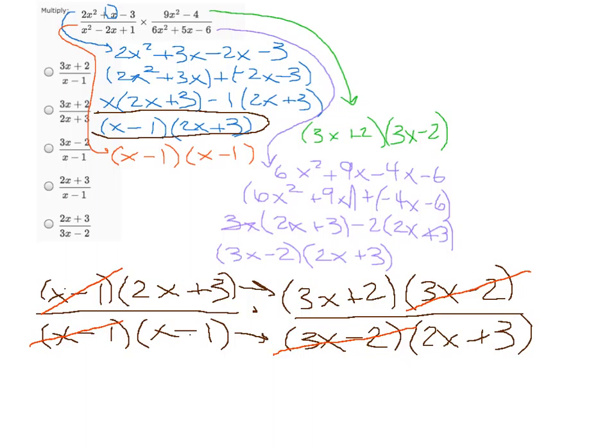So those can also divide out to 1. And then finally, we have a 2x plus 3 in the numerator and a 2x plus 3 in the denominator. So our final answer is the quantity 3x plus 2 all divided by x minus 1. So the final answer is A.